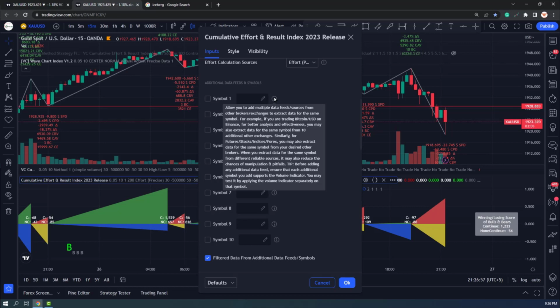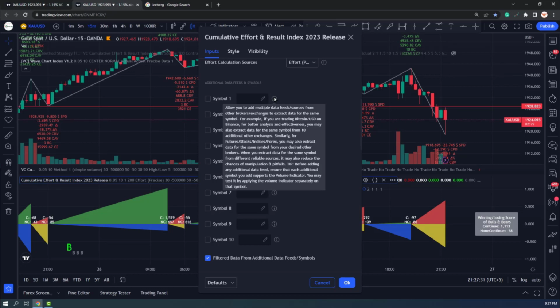Similarly, for futures, stock indexes and Forex, you may extract data for the same symbol from your desired other data providers or brokers. When you extract data for the same symbol from different reliable sources, it may also reduce the chances of manipulation and pitfalls.